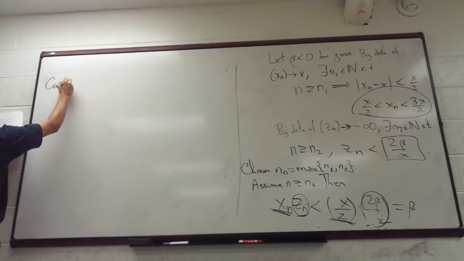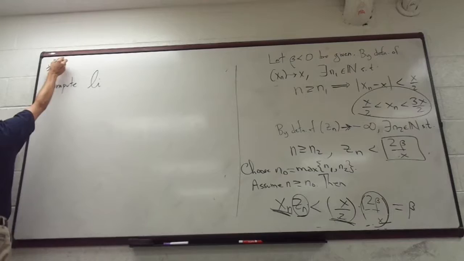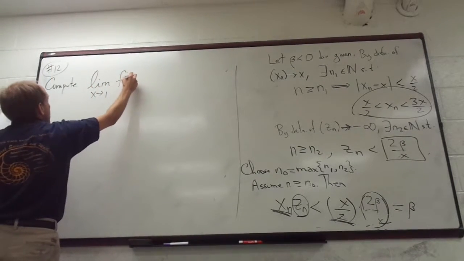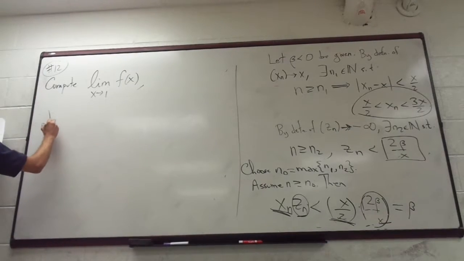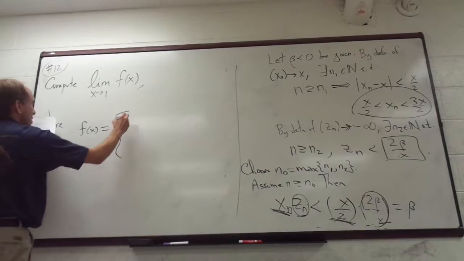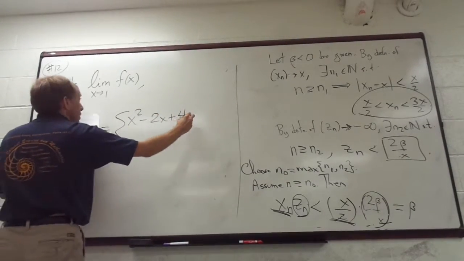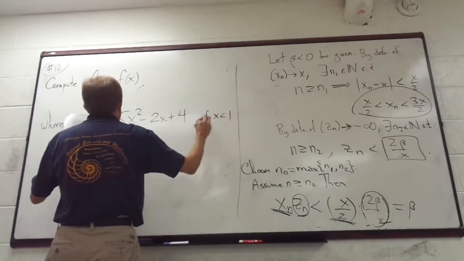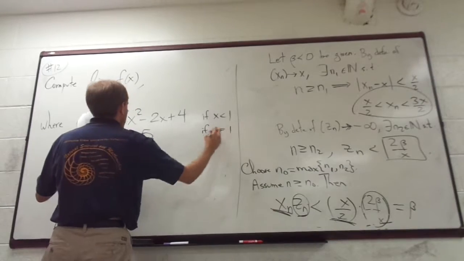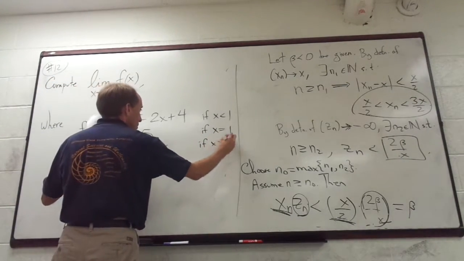So, here's what I want us to do. Compute the limit as x approaches 1 of f of x, where f of x is equal to, it's a piecewise function, x squared minus 2x plus 4 if x is less than 1, 5 if x is equal to 1, and 8 minus 5x if x is greater than 1.